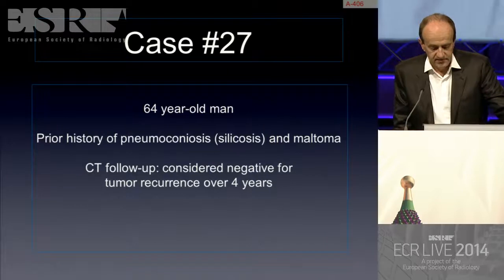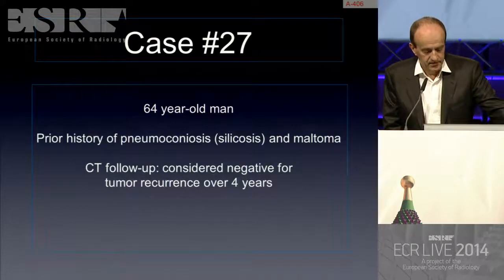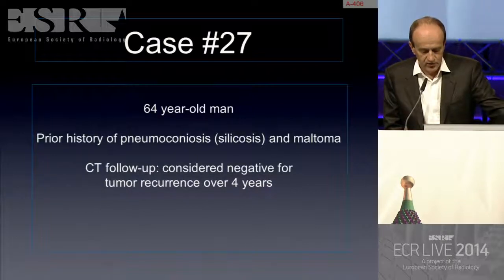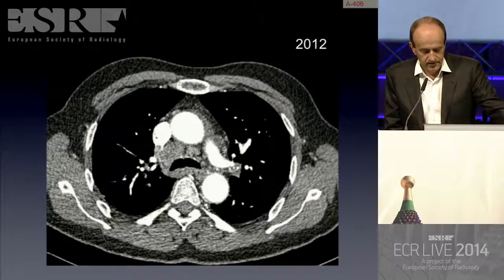Case number 27. It's a 64-year-old man with prior history of pneumoconiosis, silicosis, and maltoma. Maltoma is a lymphoma in the mucosal structures of the stomach. Follow-up CT are performed and considered as negative for tumor recurrence over 4 years. So we have here in this patient an axial slice showing lymphadenopathies, maybe due to silicosis.